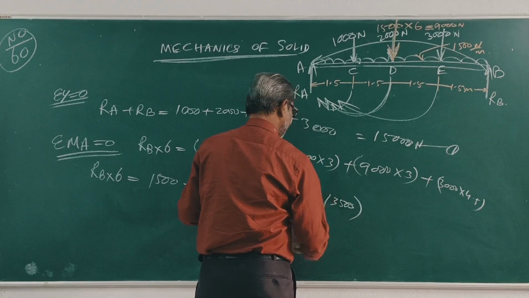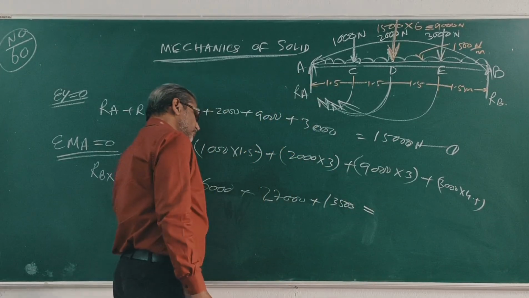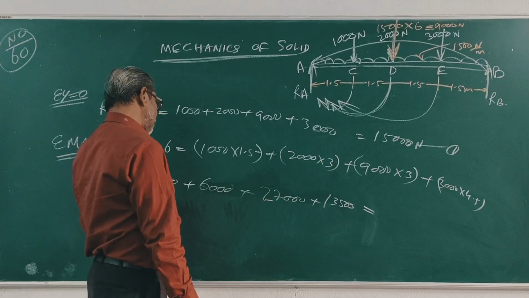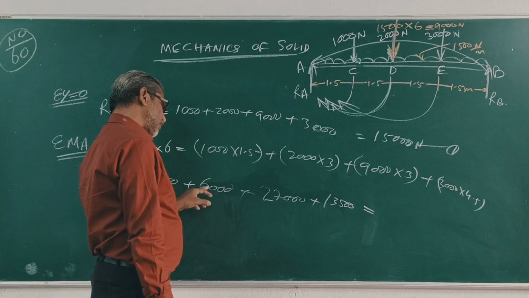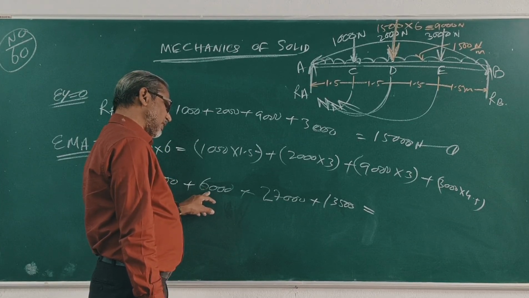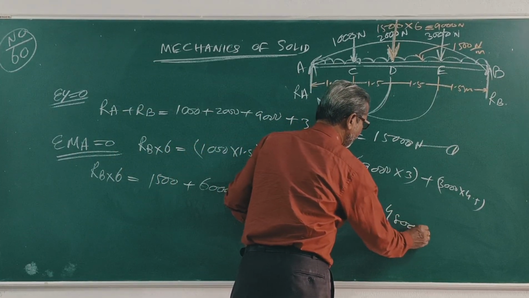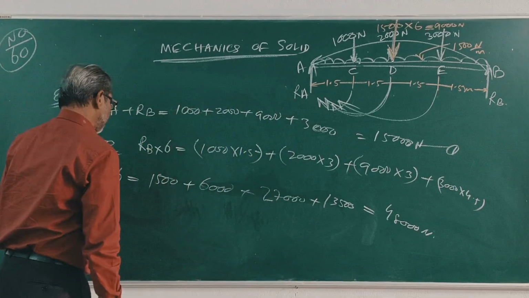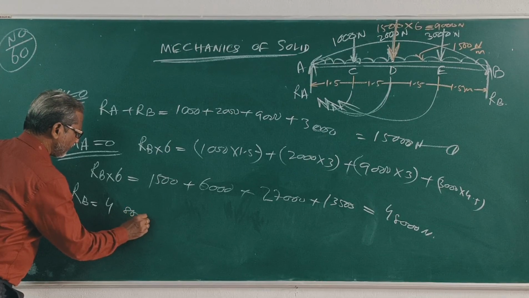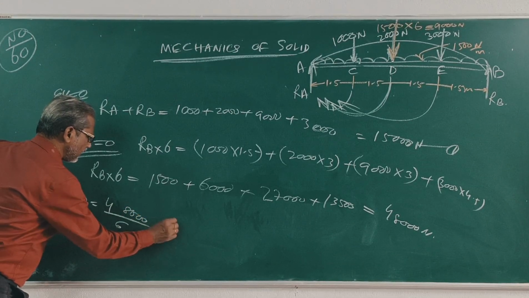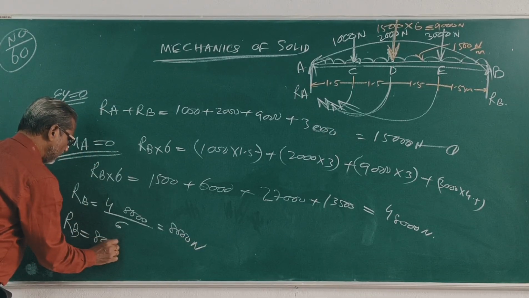Clear? Correct. Now this is equal to 48,000 Newton. What is RB? RB is equal to 48,000 by 6, which is 8,000 Newton. So RB is equal to 8,000 Newton.